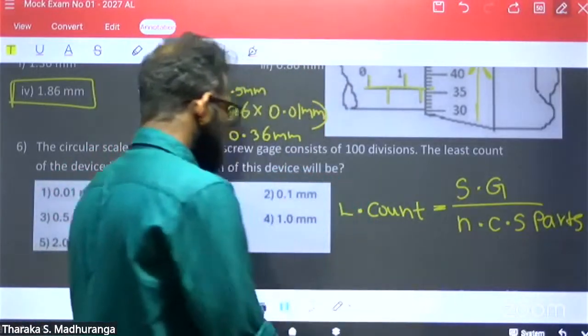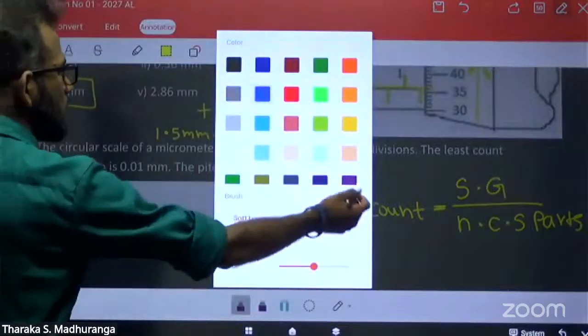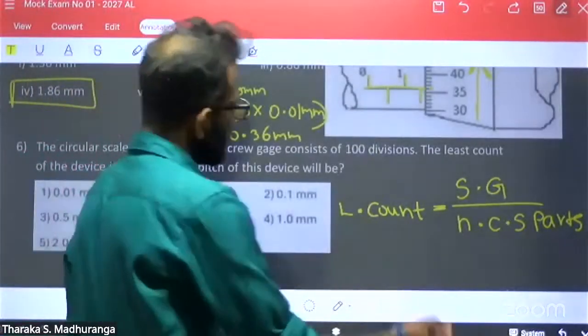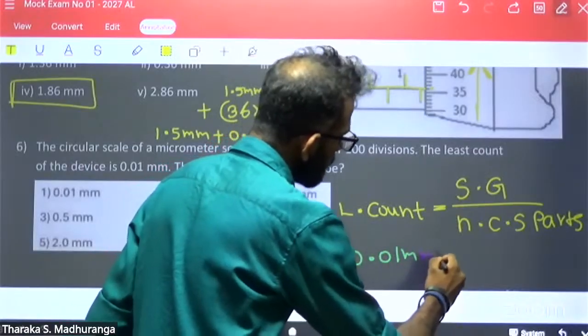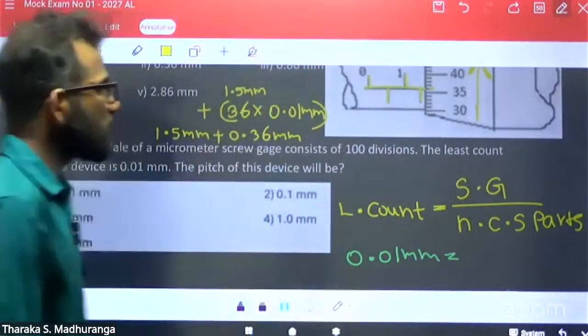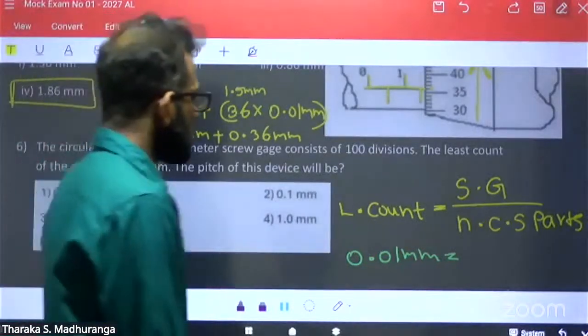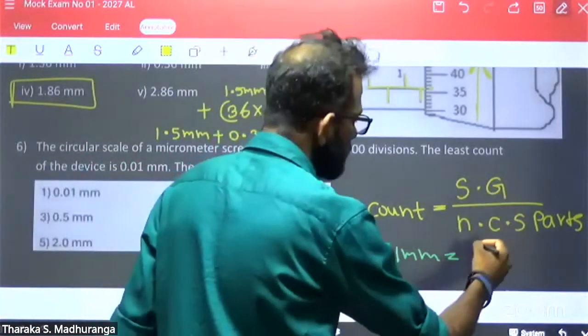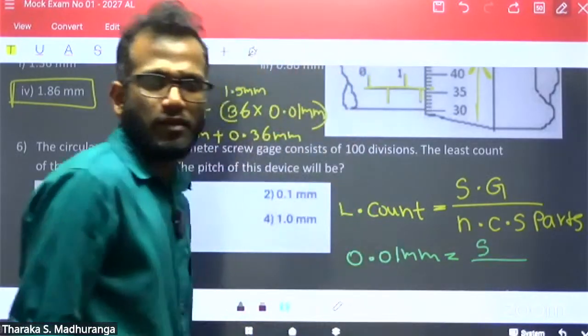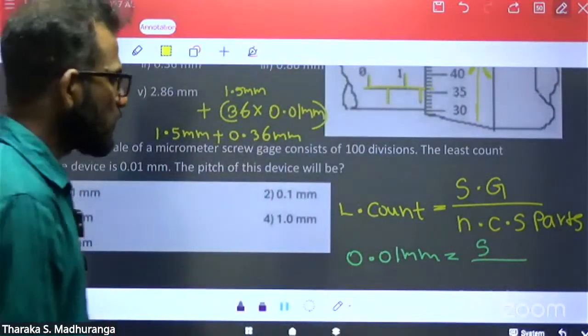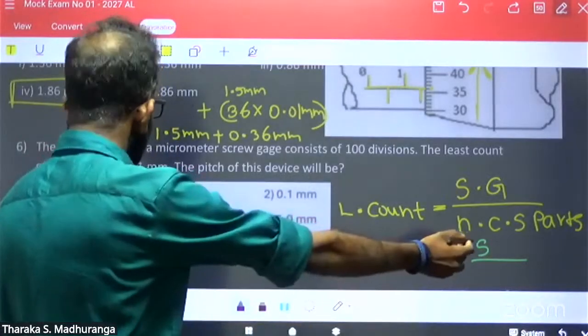Now in this question, the least count of the instrument is 0.01 millimeter. The screw gap is what is asked. Pitch means screw gap, so for the screw gap I use S. You can use whatever letter you like.